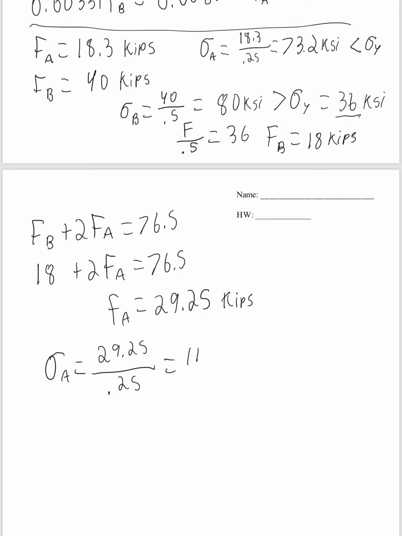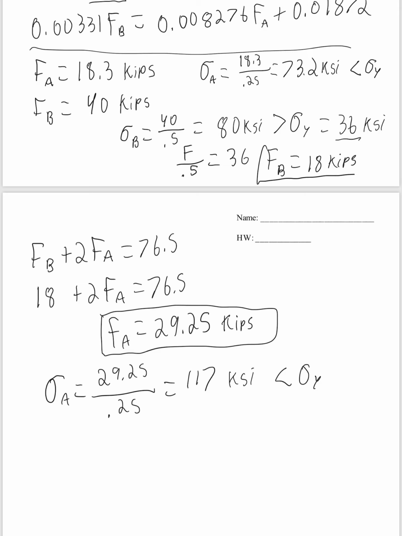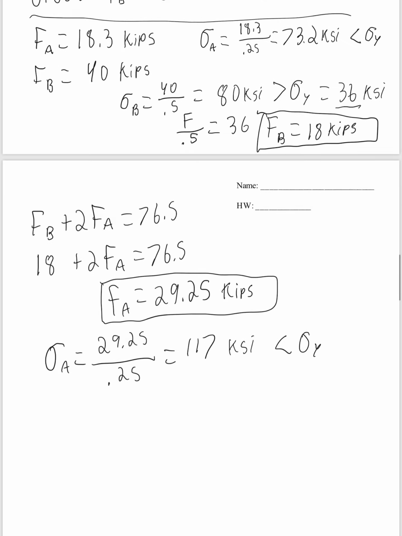And we get 117 KSI. And that is less than the yield of 134. So that's good. That means these are the answers for the forces in each cable.